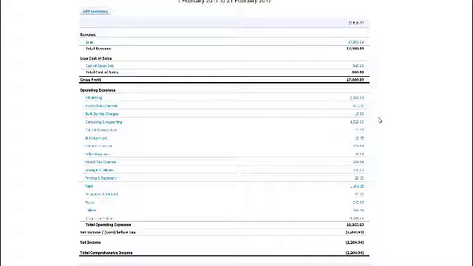Now, when I do my bookkeeping, I usually refer to that particular expense as professional fees. It's just easier for me to remember because I've done it that way for a long time. They had $14 in dues and subscriptions. Dues and subscriptions are subscriptions that are required for your business.